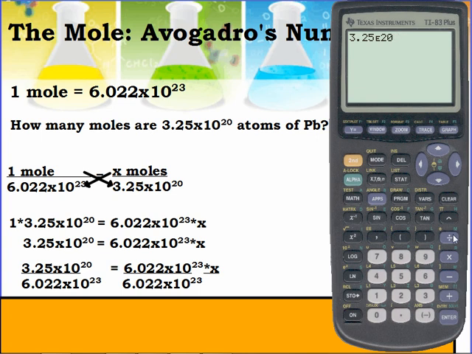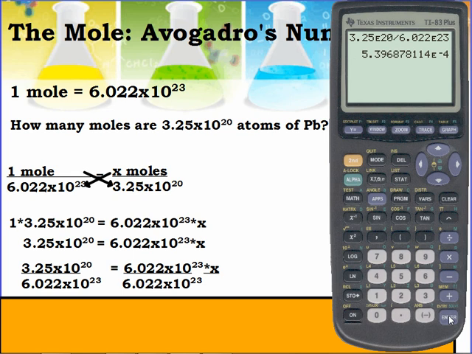Now I'm going to divide it by Avogadro's number. For those of you that know how to do it, you should probably add Avogadro's number into your memory. Remember to use the E to the 23rd power. Enter.